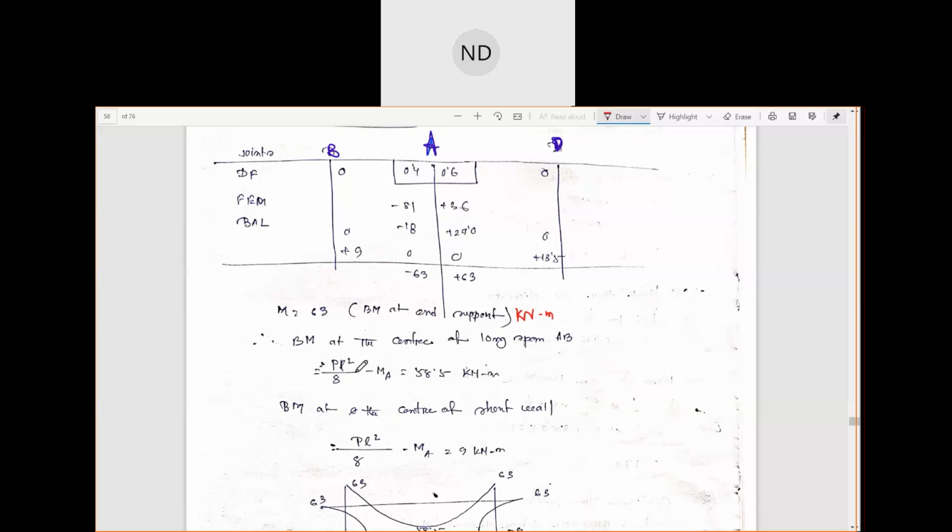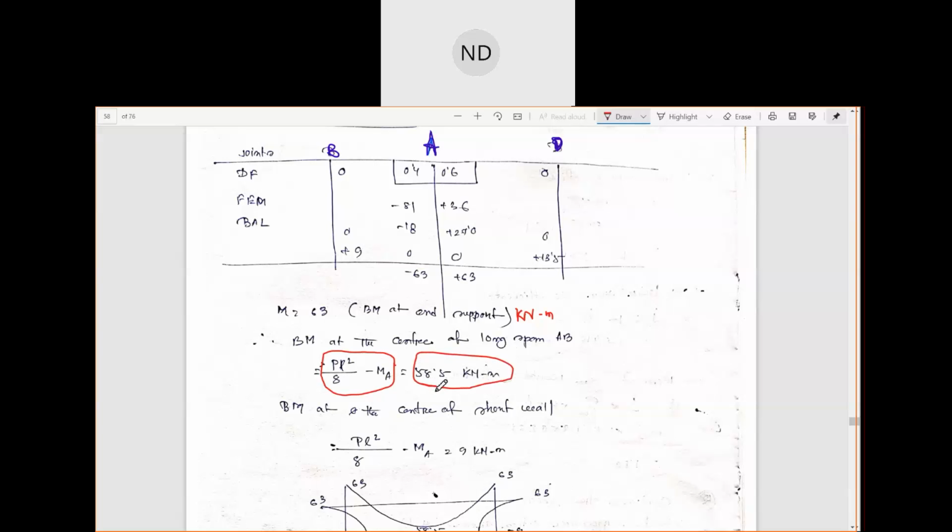It is WL square by 8 minus the moment which we have got at the support A, the fixed end moment MA. You get the bending moment at the center from the total moment WL square by 8 minus the support moment. So now the bending moment of the longer span at the center is how much? 58.5 kilonewton meter.